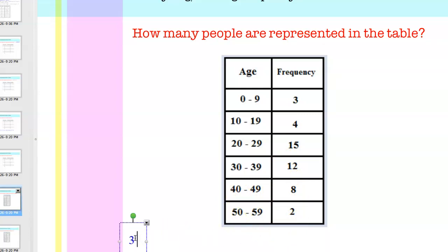So to find out how many people were surveyed here, it's 3 plus 4 plus 15 plus 12 plus 8 plus 2. I'm just going to pick up my calculator and go ahead and do that. And you get 44. So there are 44 people in this data set.